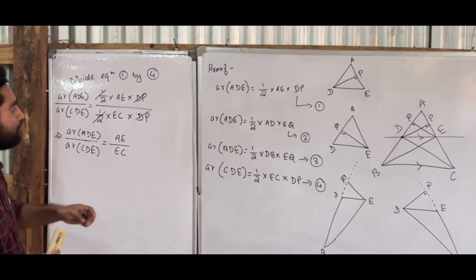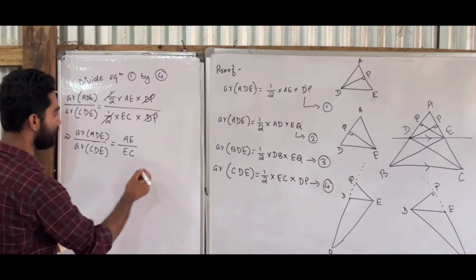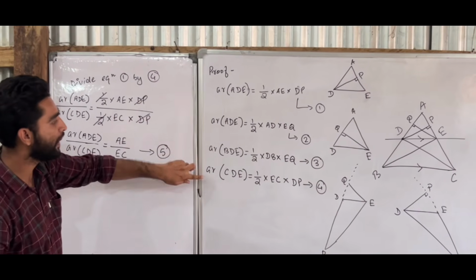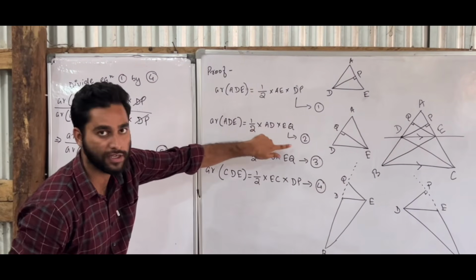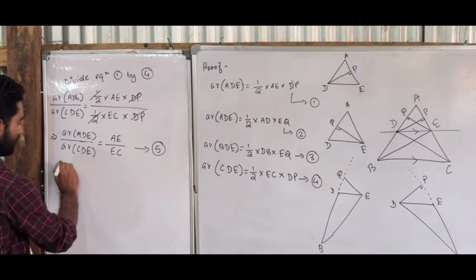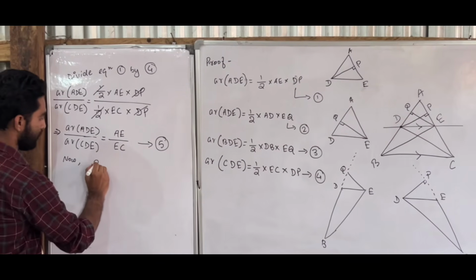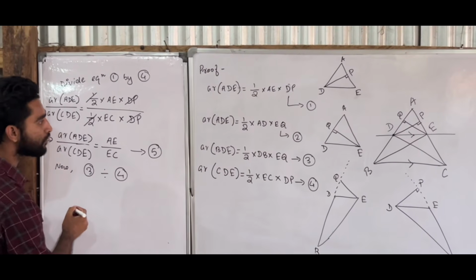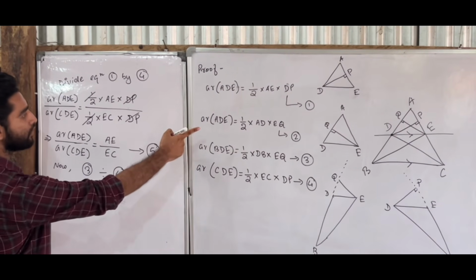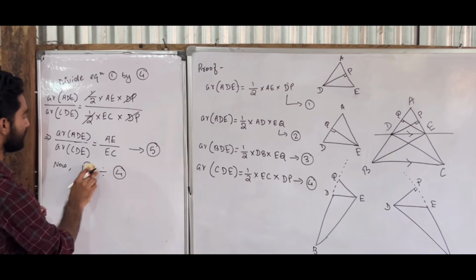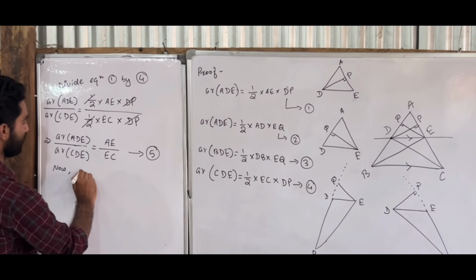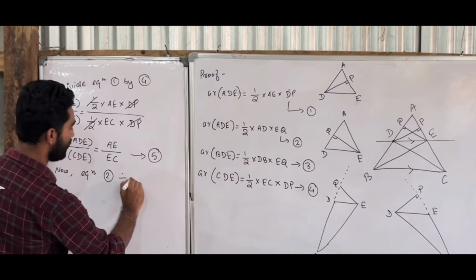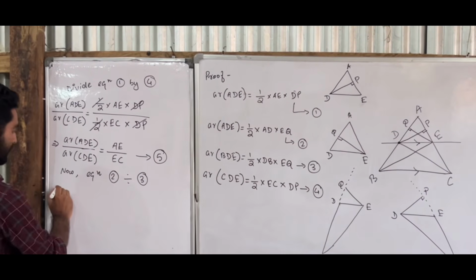Okay. This one we can give equation number 5. Now divide equation 2 by equation 3, because here EQ is present, here also EQ is present. So what do we get?